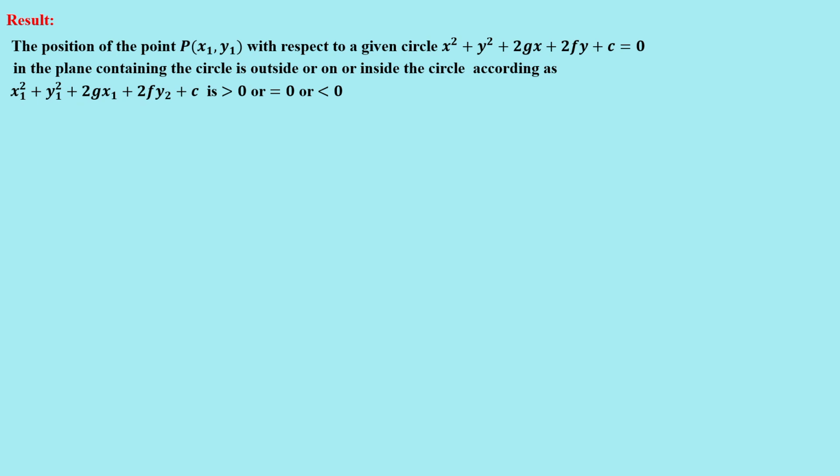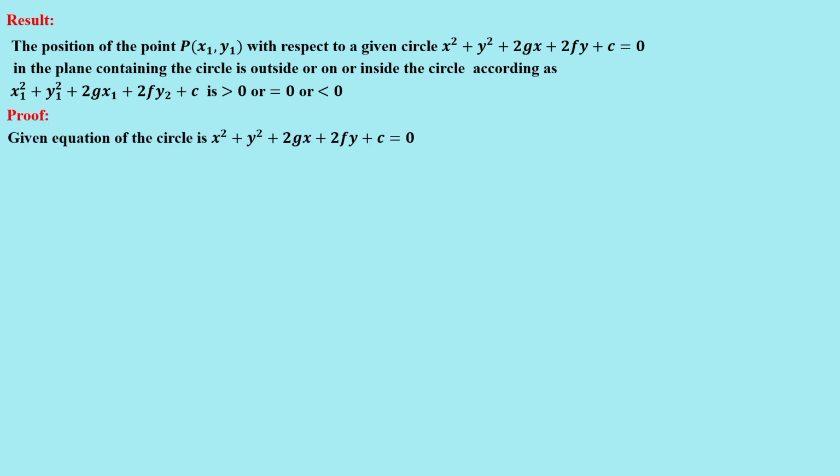If you get a positive value, that is greater than 0, the point is outside the circle. Suppose the value is equal to 0, the point is on the circle. If the value is negative, or less than 0, then the point is inside the circle. That is what the result is telling, right? We are going to see the proof.